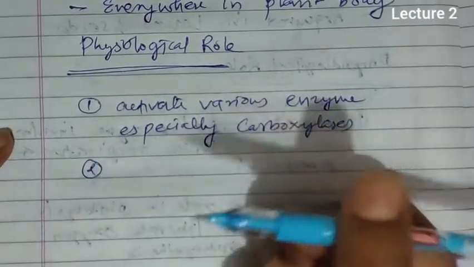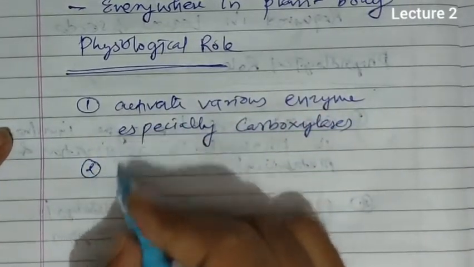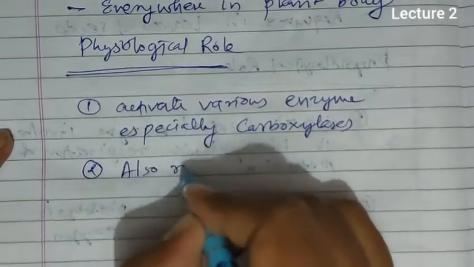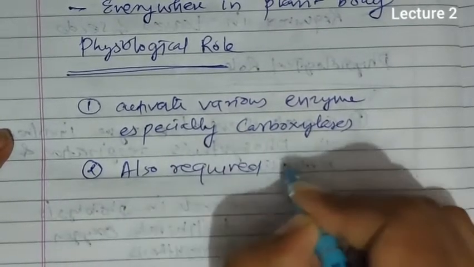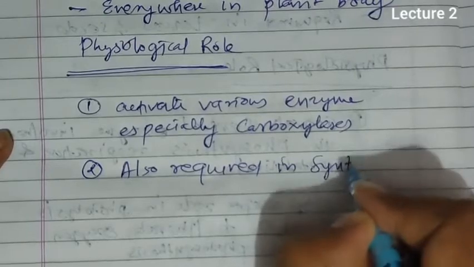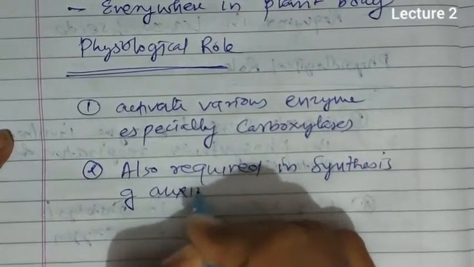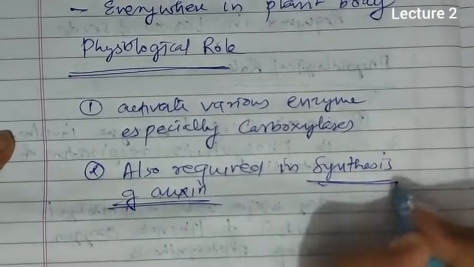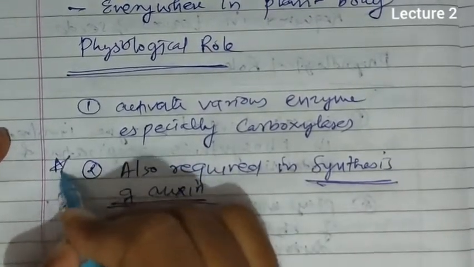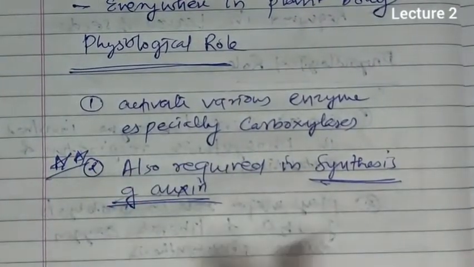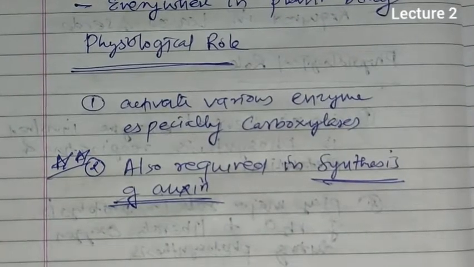Second, also required in synthesis of auxin. So this type of question are asked directly. This is the important question with respect to zinc, that which element is involved in synthesis of auxin? So it is zinc.